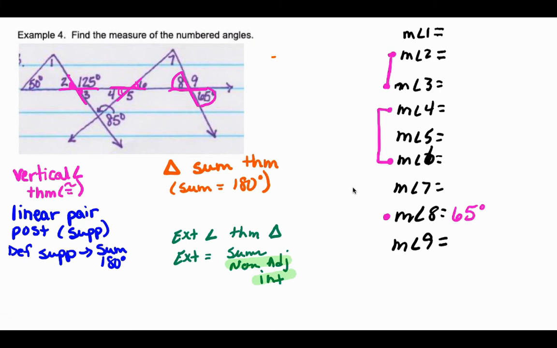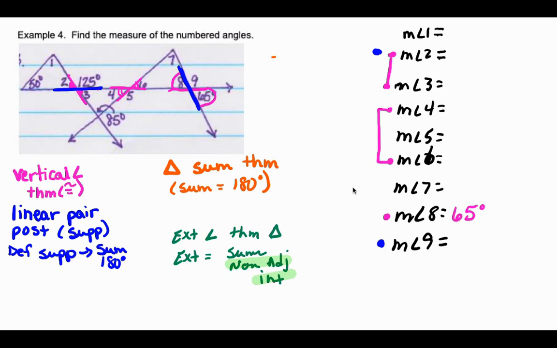We also were taught in chapter 1 how to recognize a linear pair. So if we have two angles that form a line, then they're a linear pair. So I have a line formed by angle 2 and this 125 degrees, and I have a line formed by this angle 9 and the 65 degrees. So I can use my linear pair in order to calculate those.